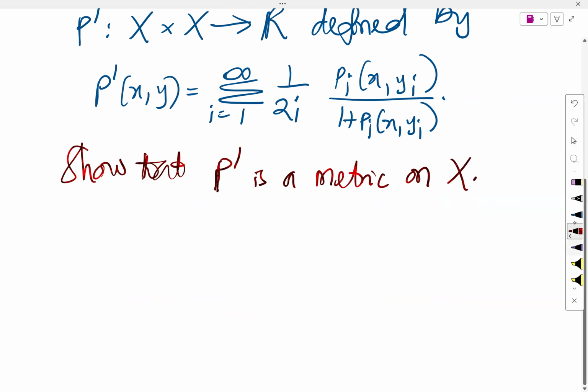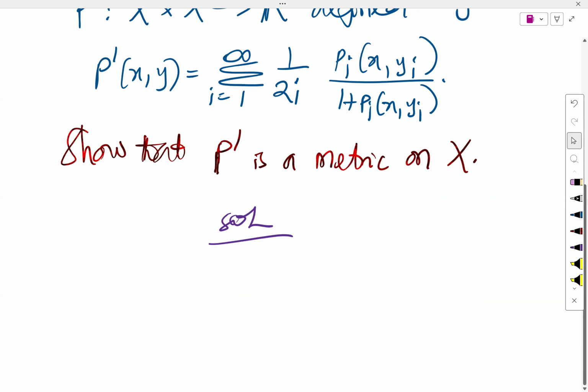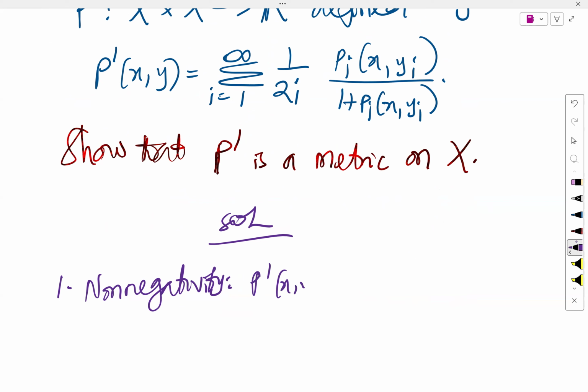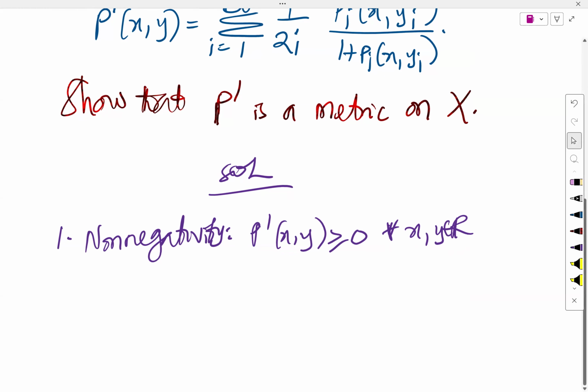Of course, it's important to note that to show that something is a metric, there are four properties that you have to check. The first one is non-negativity. That simply implies that the metric p prime of x comma y is always greater than or equal to 0. The second one is the identity of indiscernibles.